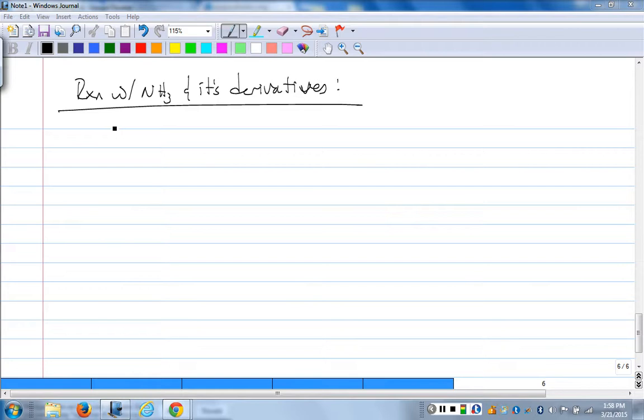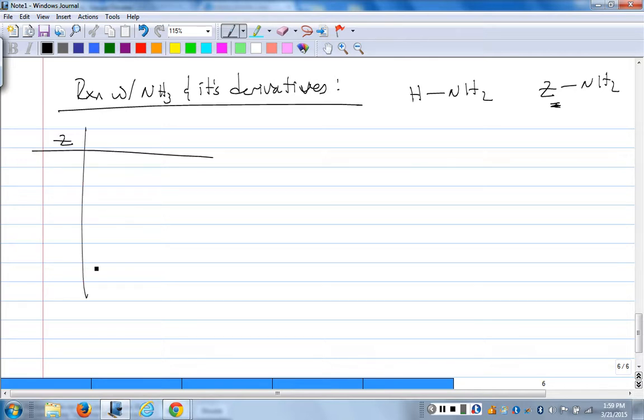So obviously ammonia has the formula NH3. And some of the derivatives of ammonia, let's say we're going to call the derivative ZNH2. And we just want to look at what the Z's are.